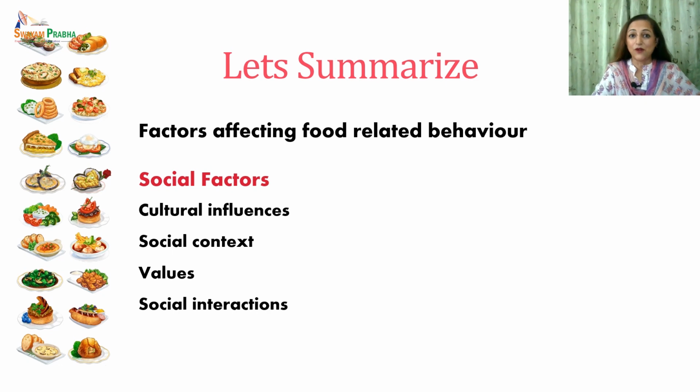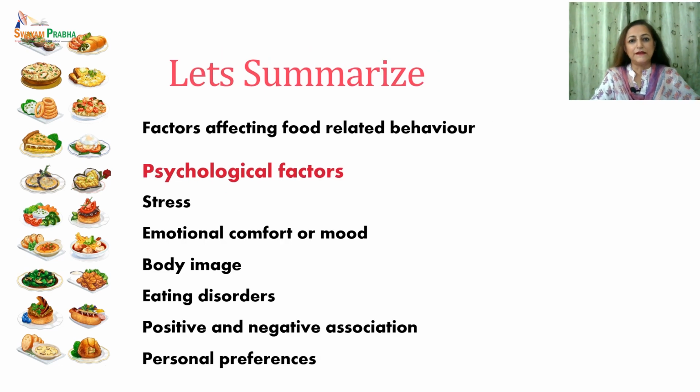Then we studied the social factors which affect food related behavior. In the social factors, we studied the effect of cultural influences, social context, values of a person, along with the social interactions of a particular person. Then we studied the psychological factors and their effect on food choices.